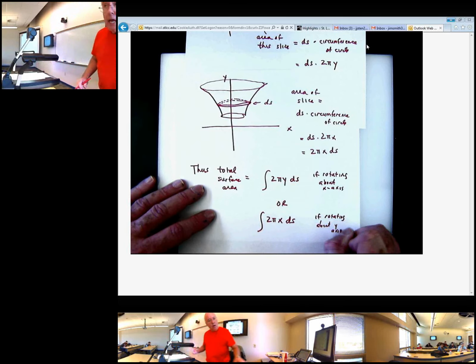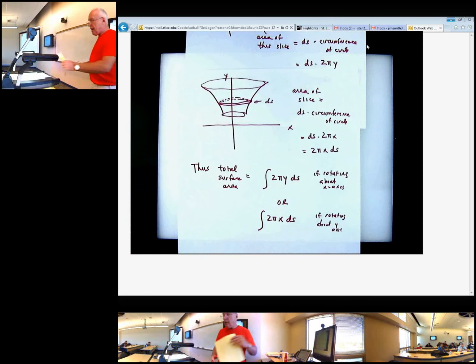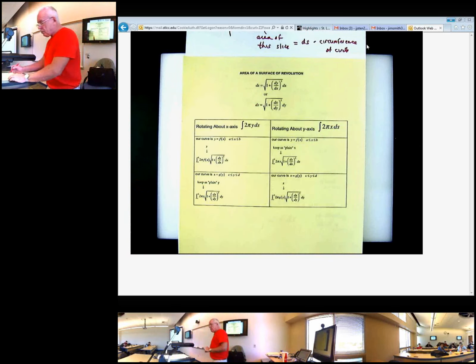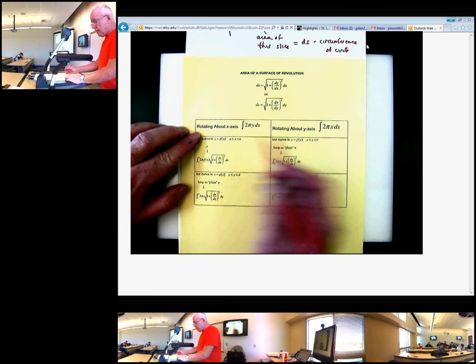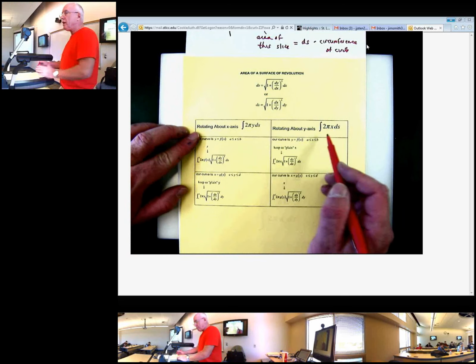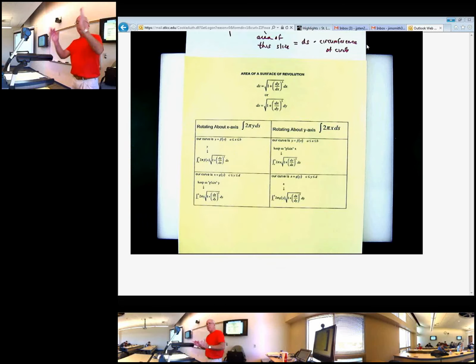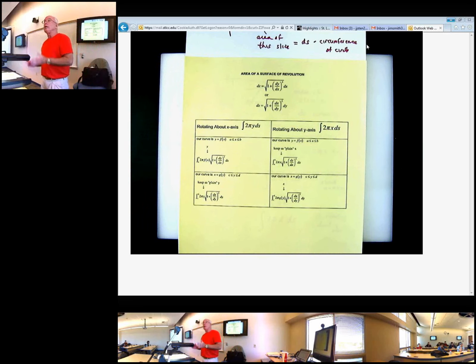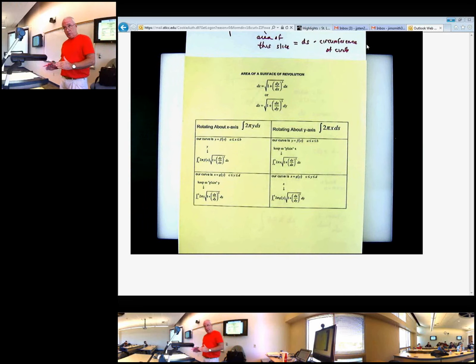All right. Look here at this handout. That's what I have right up here in this top box. I've got 2 columns here. One for if we're rotating about the x-axis, the second column for if we're rotating about the y-axis, all right?